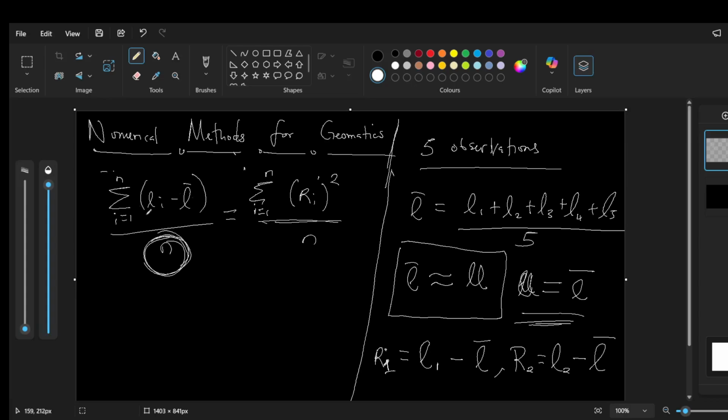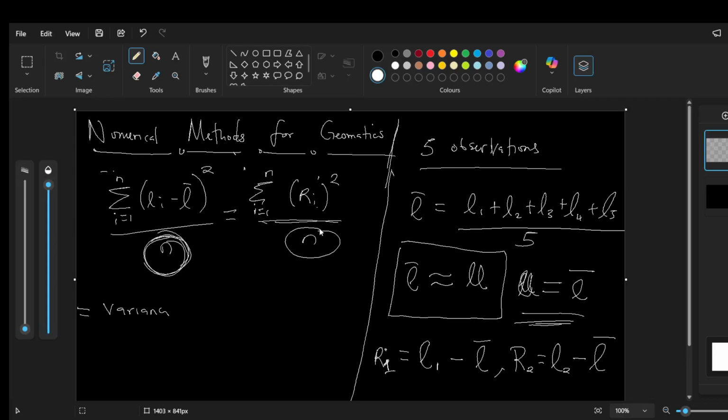So the summation of this over the number of observations is equivalent to the variance. So this is basically how variance is defined. Variance is the summation of residues squared, sorry, I think I missed the squared here, over the number of observations.